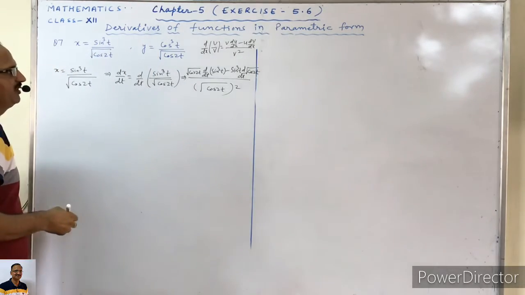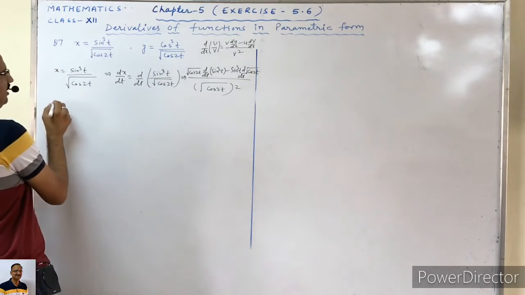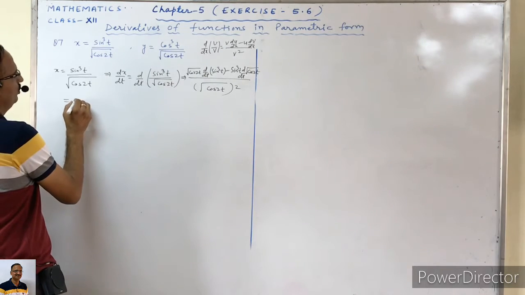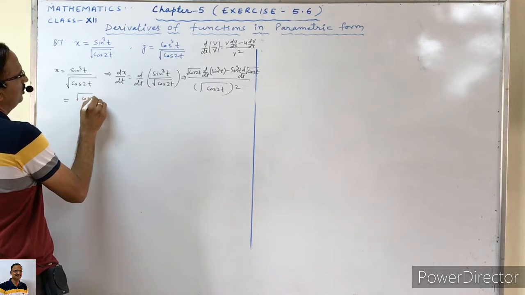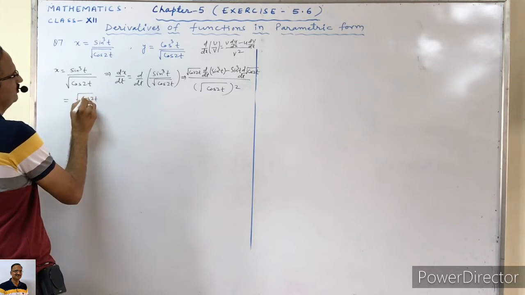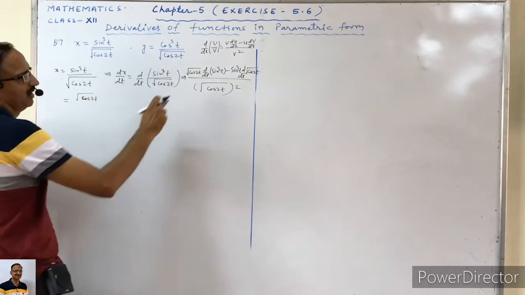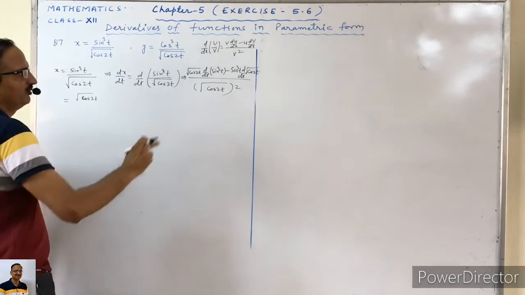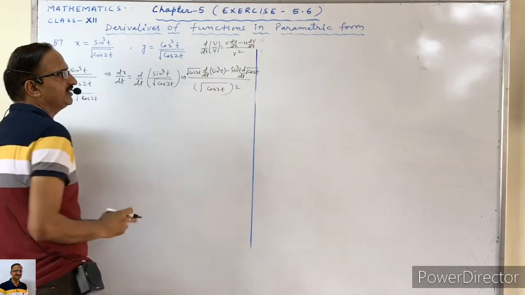Now when we simplify this, in the numerator we have root cos 2t and the differentiation of sin³t. So we will consider this sin t as x.